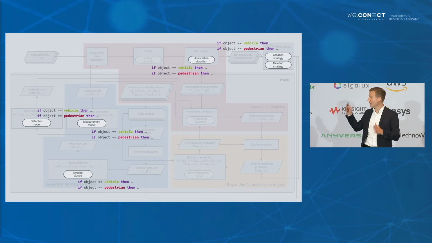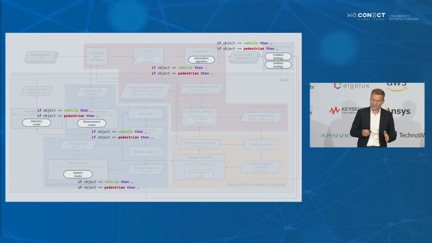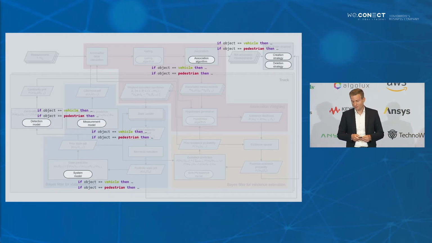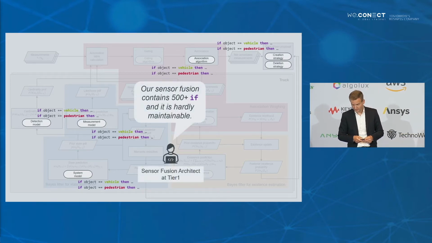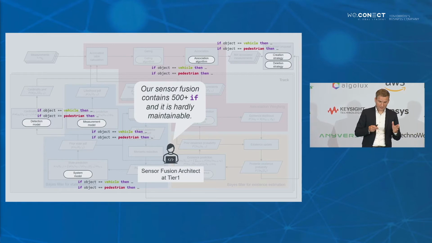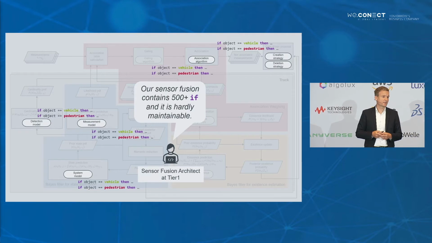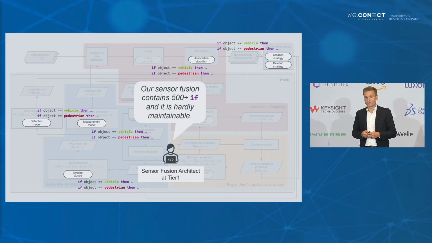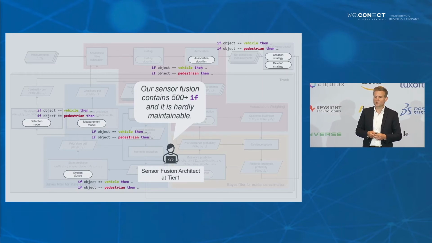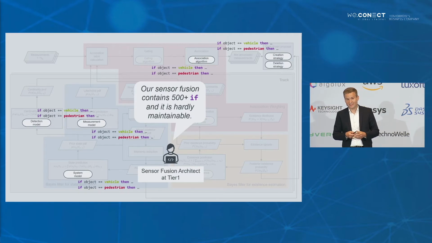you will have many of those if statements everywhere in the code, and each of them need to be justifiable and traceable in order to reuse them, but also to be safe in the usage of that algorithm. If you look at the typical sensor fusion system, then you find hundreds of those statements, and many of our customers, they complain that it is really, really hard to maintain those conditions, those ifs.